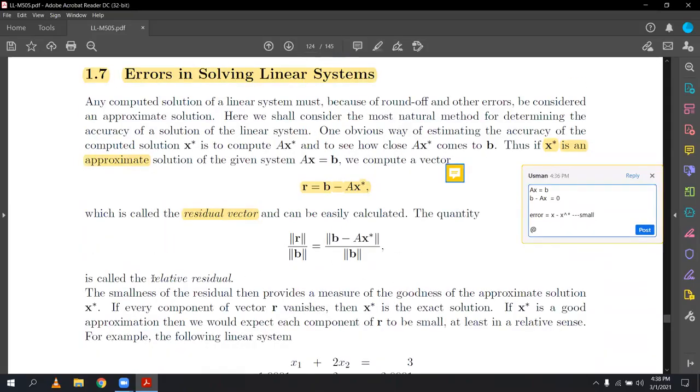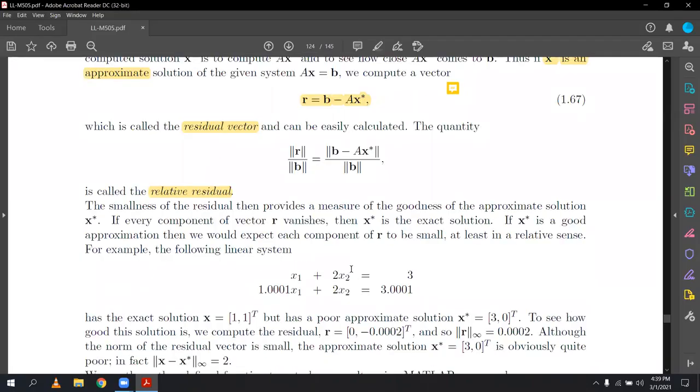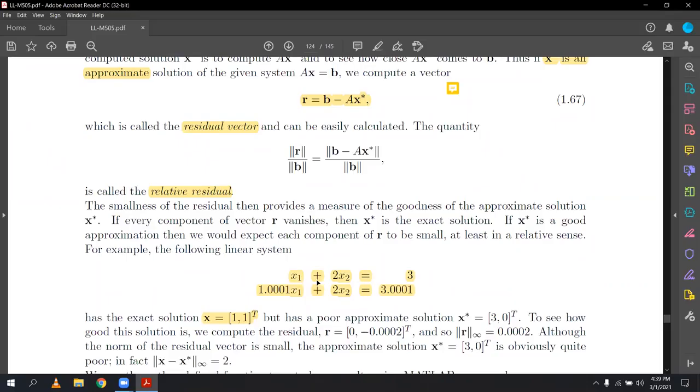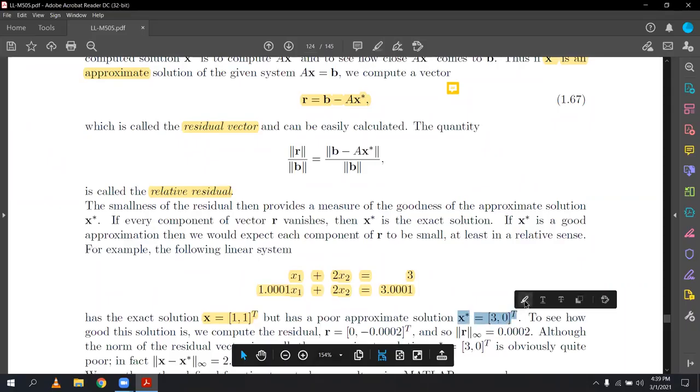This is called the relative residual vector, which we divide by the norm of B. We have this very simple system. The exact solution of this system is 1, 1. Let's use one of the best methods among the 7 methods we discussed, and we got this approximate solution.